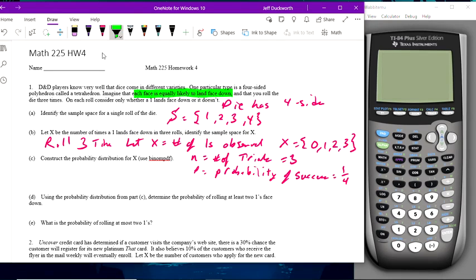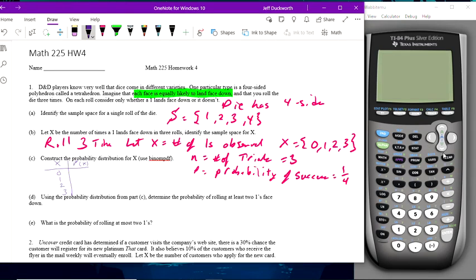So now we're going to create our distribution here. So we have 0, 1, 2, and 3 as our possibilities. We're going to use the Binompdf. So our x values will be our r or k, however you want to look at it.